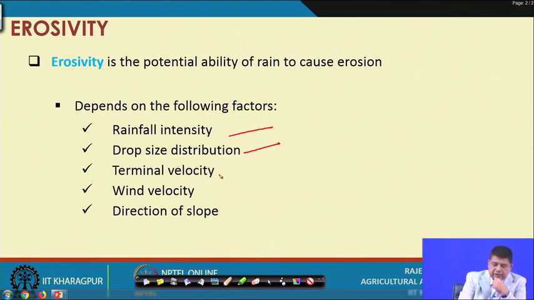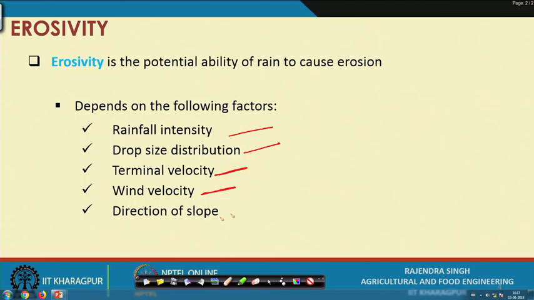Then terminal velocity, which again depends on the drop size; the higher the velocity, the more the kinetic energy. Then wind velocity, because we saw that wind could change the direction at which the raindrops hit the soil surface, and that could make an angle which might make the detachment process more severe.